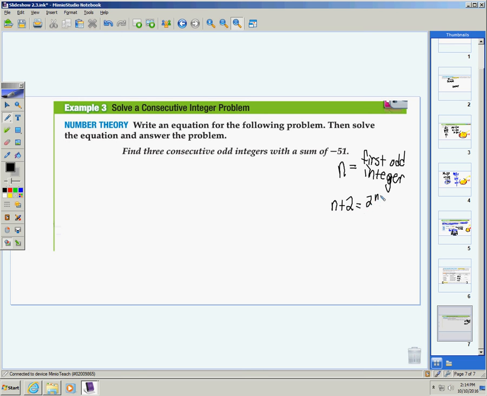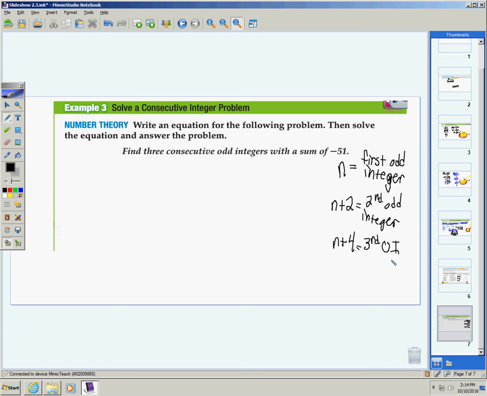For example, if this was 3, then n plus 2 would give me 5, which would be the next odd integer. And then n plus 4, if I add 2 more to that one, would be my third odd integer. And I'm just going to abbreviate it OI.